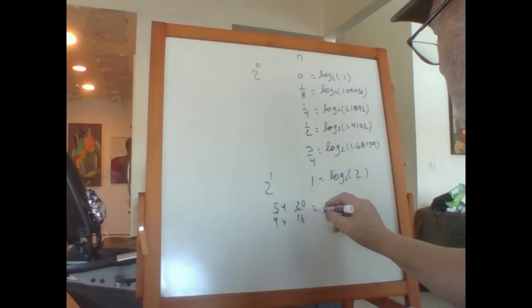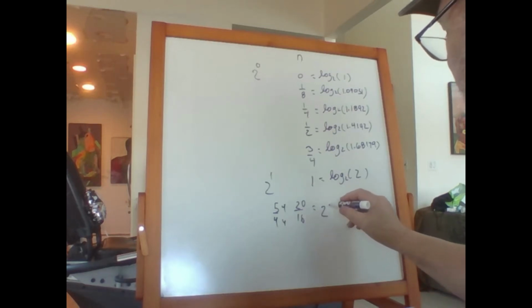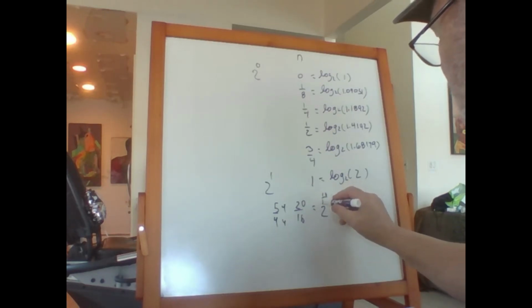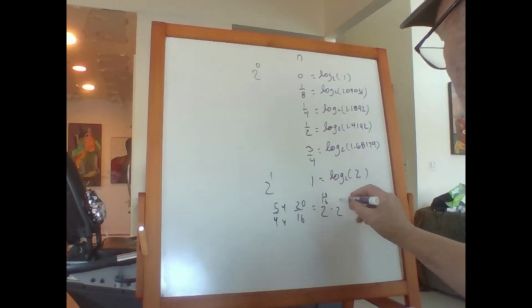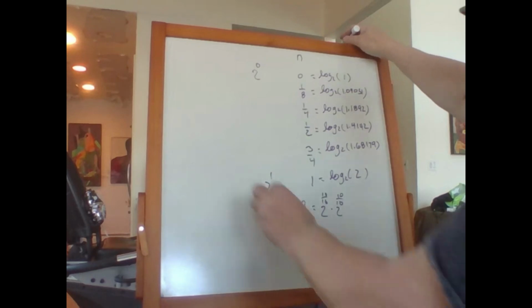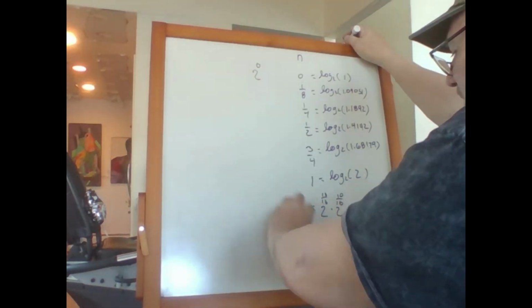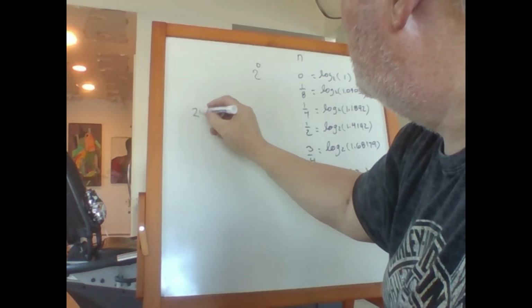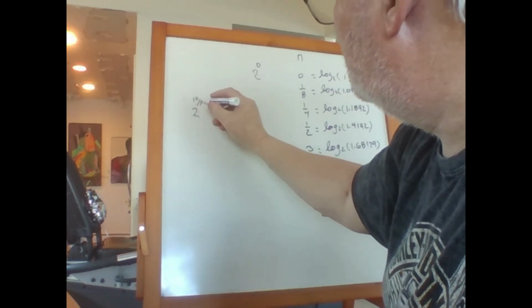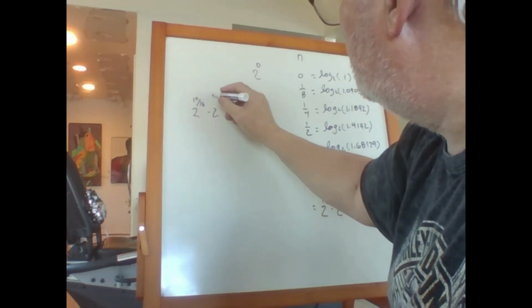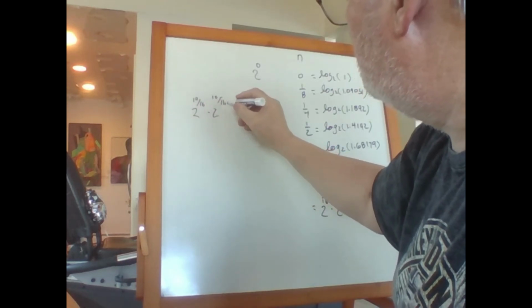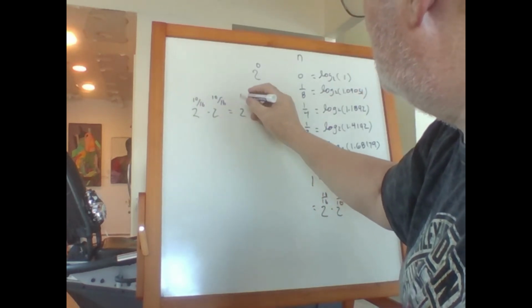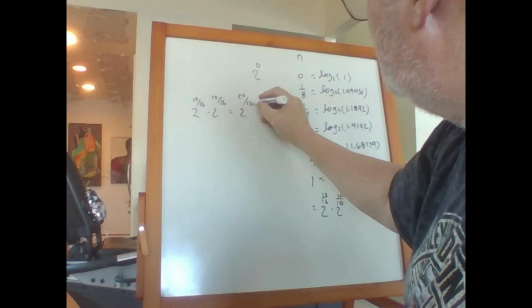And that's equal to 2 to the 10 16ths times 2 to the 10 16ths. So 2 to the 10/16 times 2 to the 10/16 equals 2 to the 20/16.